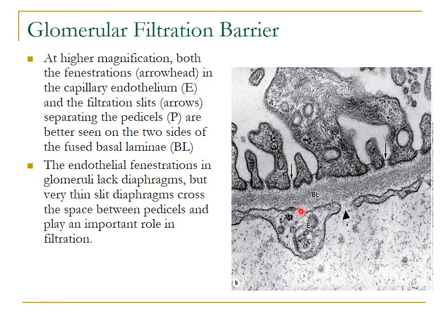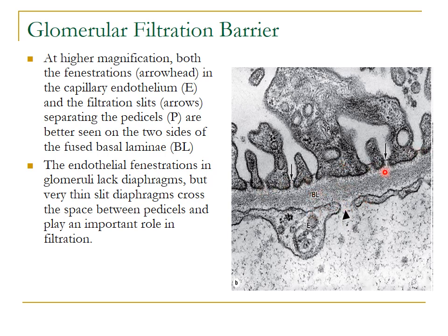Now this is at a higher magnification. You can very clearly visualize this glomerular filtration barrier. So you can see at the arrowhead is the capillary endothelium, and you can see the filtration slits at the arrows, which are separating the pedicles of the two sides, and they are the fused basal lamina, that is of the capillary endothelium and the pedicle foot processes.